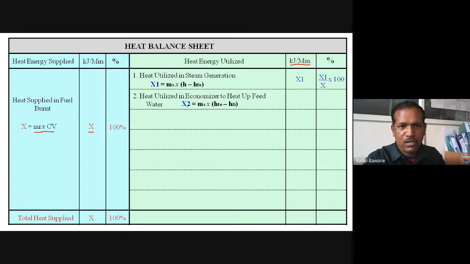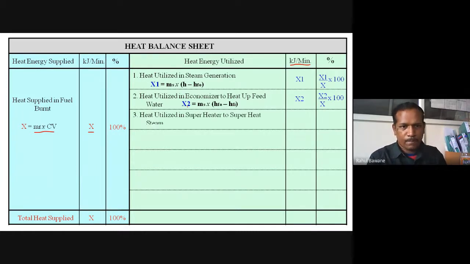Suppose this calculation comes to a certain value, that is X2. So X2 is the total amount in kilojoule per minute which is used in the economizer. Similarly we can find the percentage: X2 upon X multiplied by 100, so that much percentage is used in the economizer to preheat water.